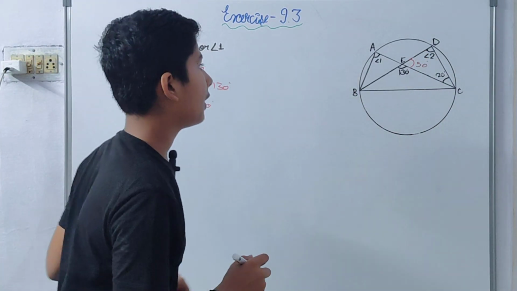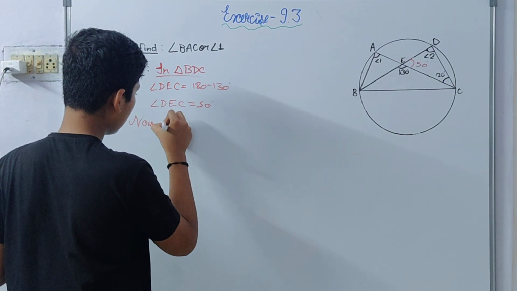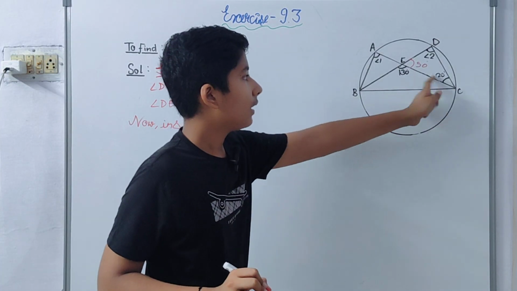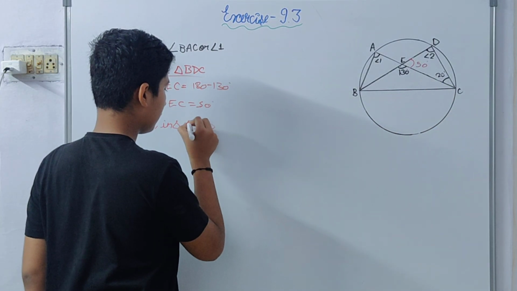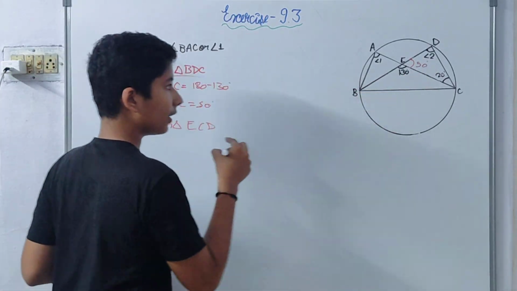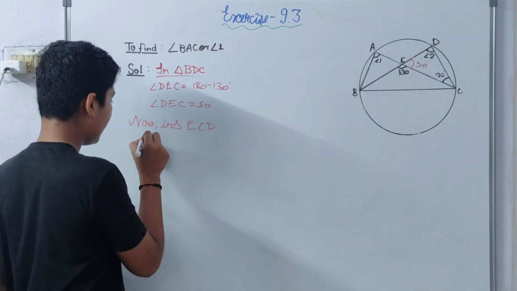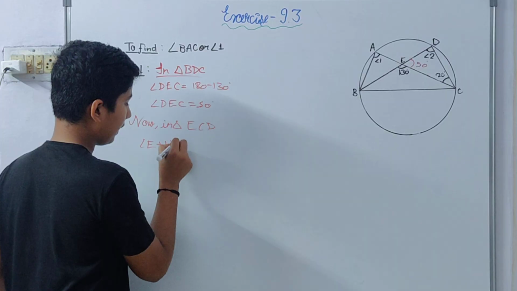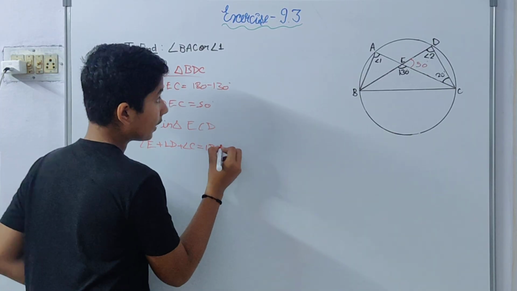Okay. So now in triangle ECD, what's given? Angle E plus angle D plus angle C equals to 180 degree.